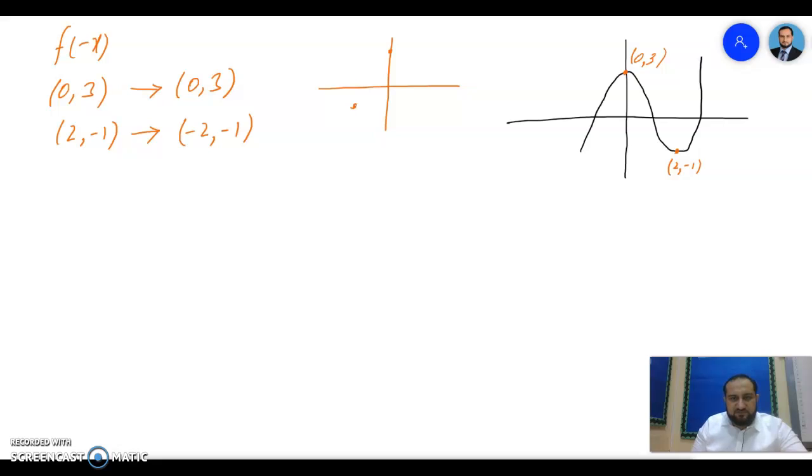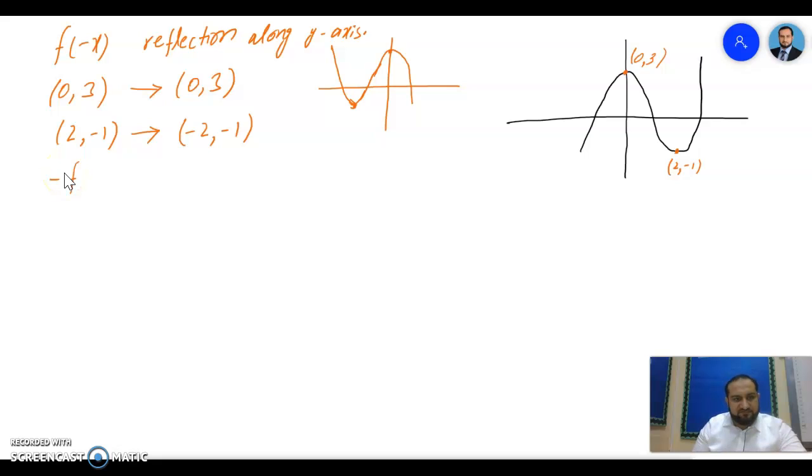So you can see over here, this is reflected over the y-axis. If minus x is there, this is a reflection along the y-axis.